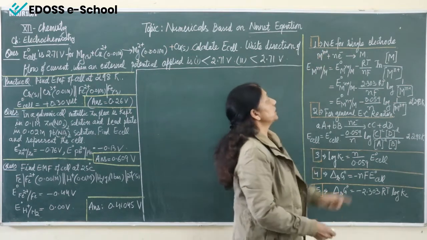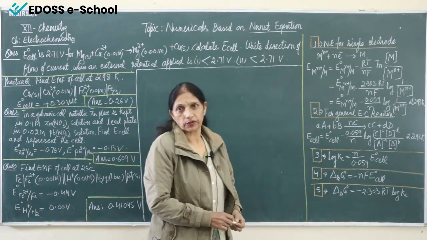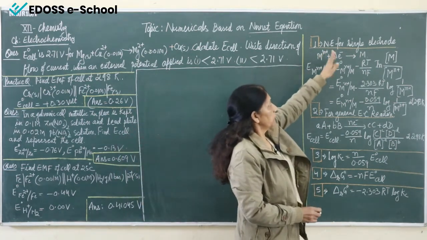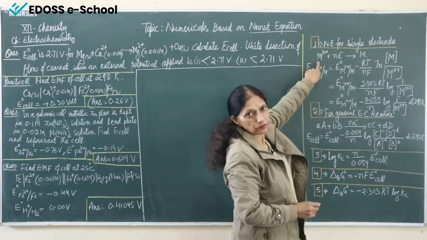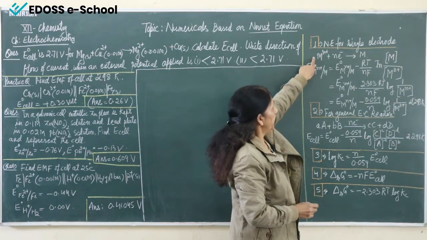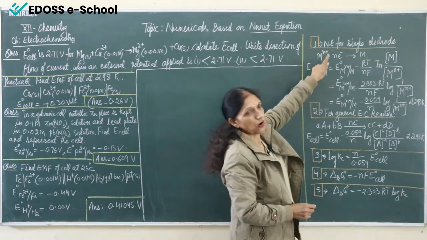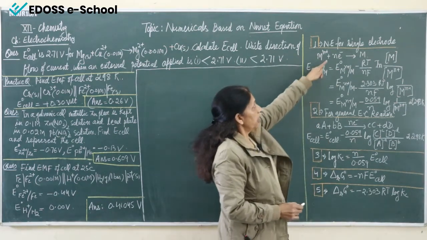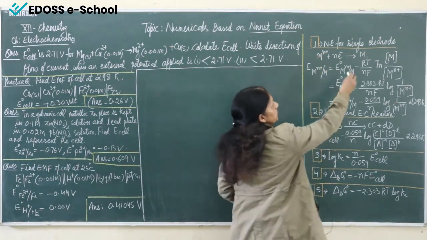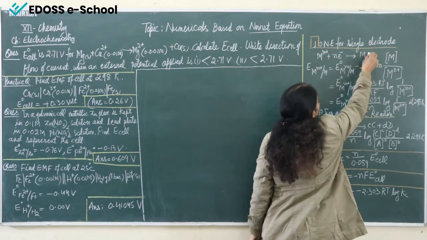Now coming to the first one: if we are using the Nernst equation for a single electrode, M represents a metal in solution form. When n electrons are accepted by it, it converts into M solid.